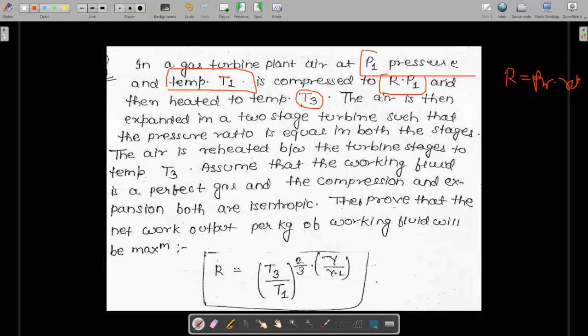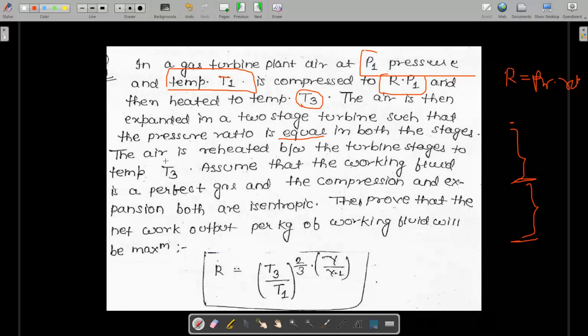Sorry, my mistake. And the air is then expanded in a two-stage turbine such that the pressure ratio is equal. That means if this is the initial pressure and this is the final pressure, the intermediate pressure exactly divides the ratio between these two. The initial upon final pressure will be the same in both the high pressure and low pressure turbine.